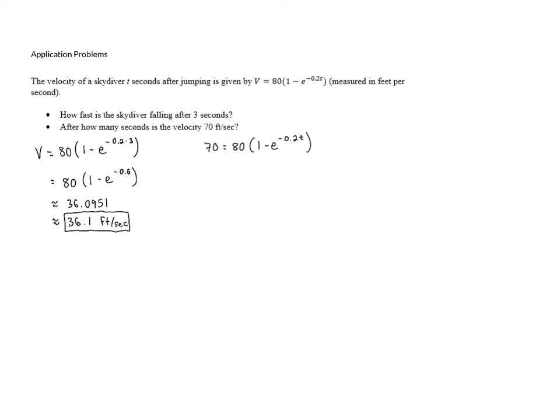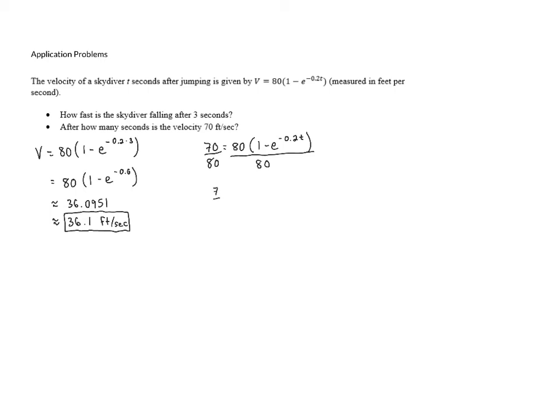So we want to eventually get t alone, but before we can do that, we want to get this exponential expression alone so that we can put it in logarithmic form and solve. So the first thing we want to do is get rid of this 80, which we can do by dividing both sides by 80.